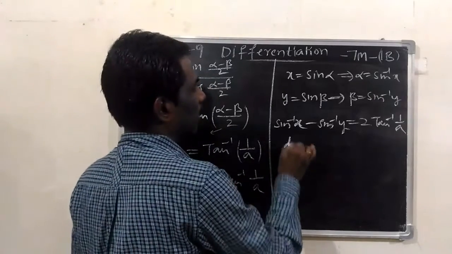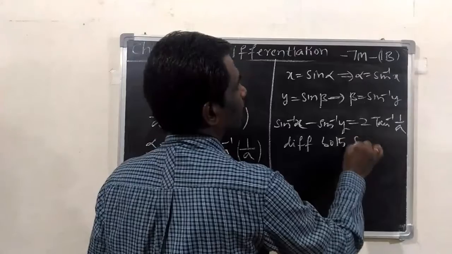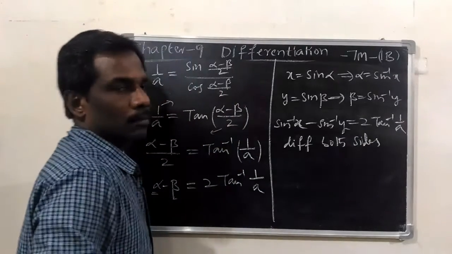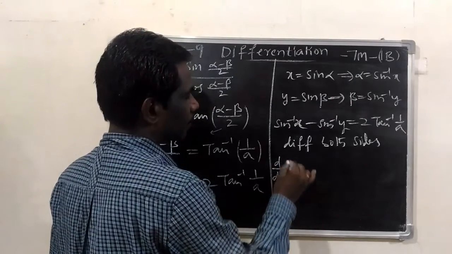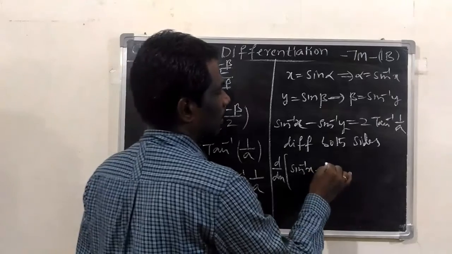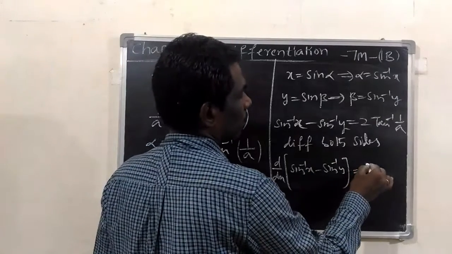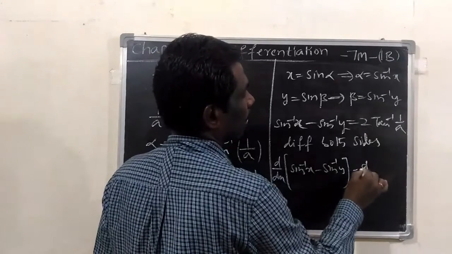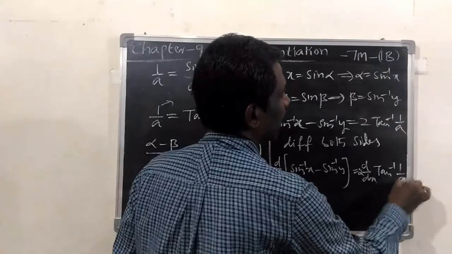Now differentiate both sides. Write d/dx of (sin⁻¹x − sin⁻¹y) = d/dx of 2 tan⁻¹(1/a).